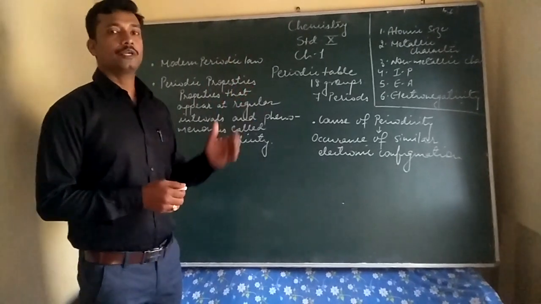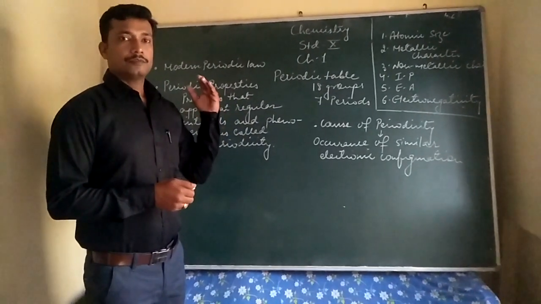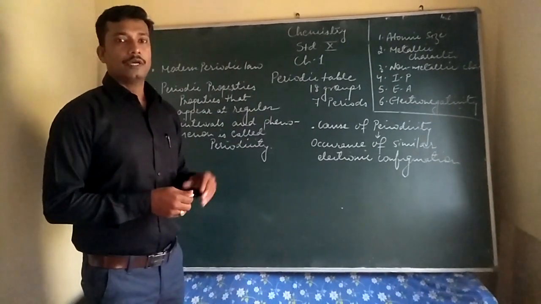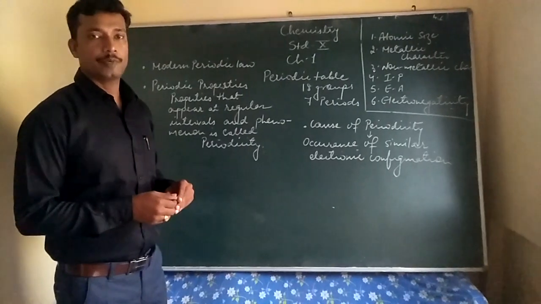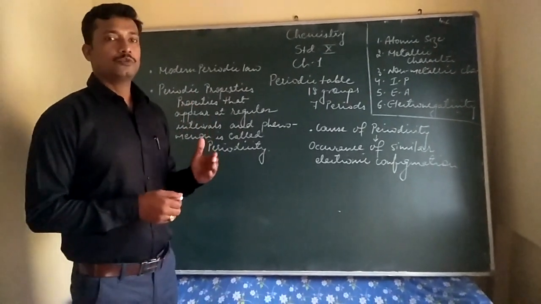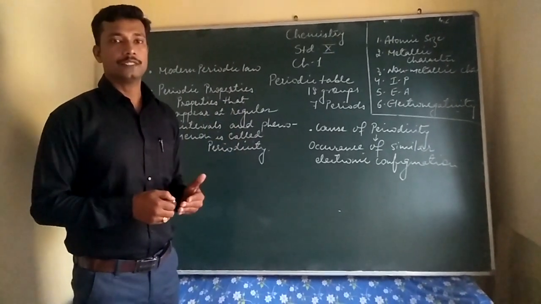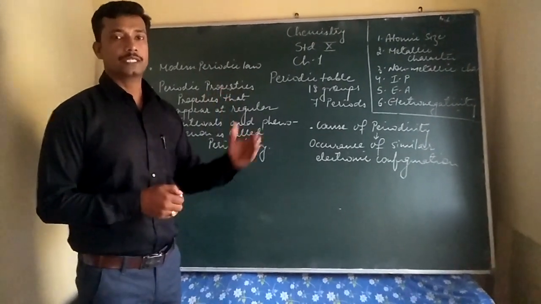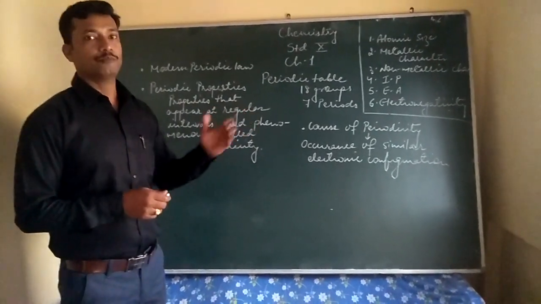The modern periodic table that is formed today has the elements arranged in the order of increasing atomic numbers. There were many scientists who created their own periodic tables, but because of various reasons those tables were discarded, and a new form of periodic table was created by Henry Moseley.